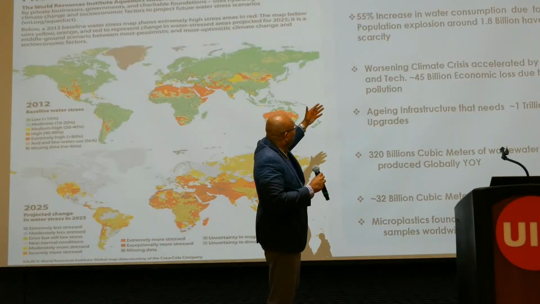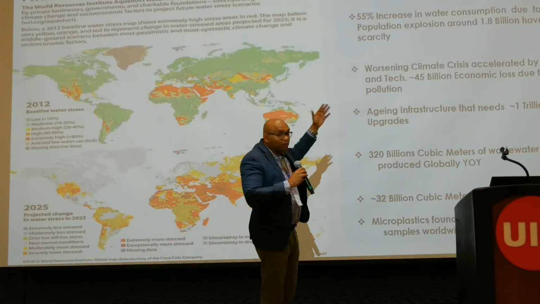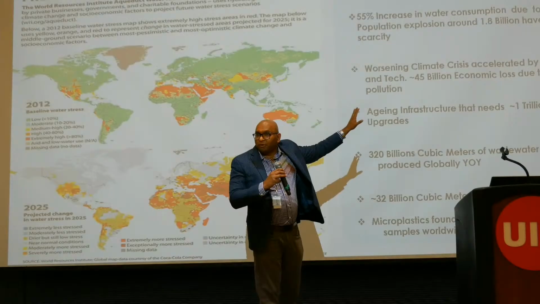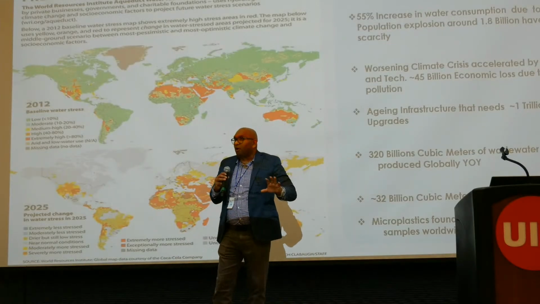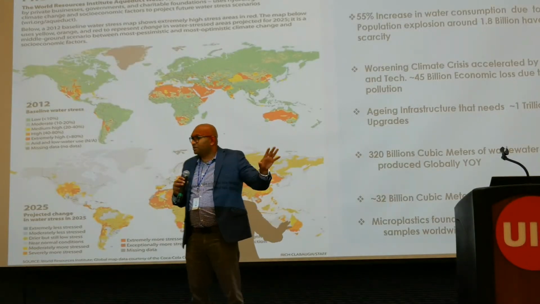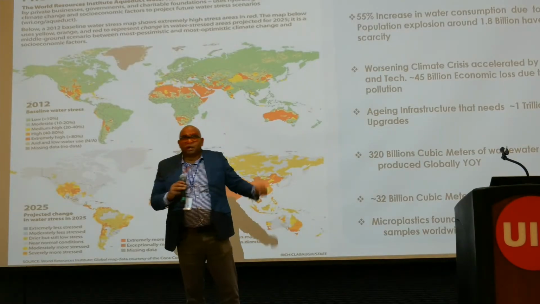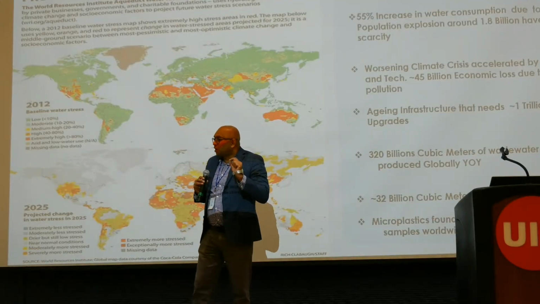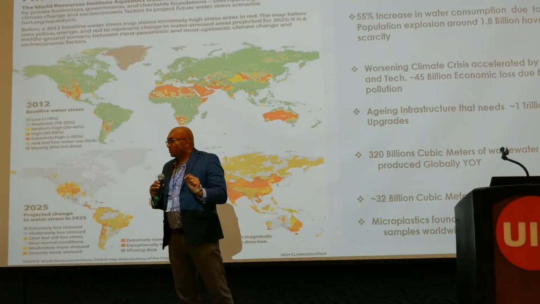So I started thinking, and what I've been saying is that around 1.8 billion people on the planet struggle for water. What's the approximate size of the population of the planet? 8.5 to 9 billion. So about 10% of it is struggling for water.